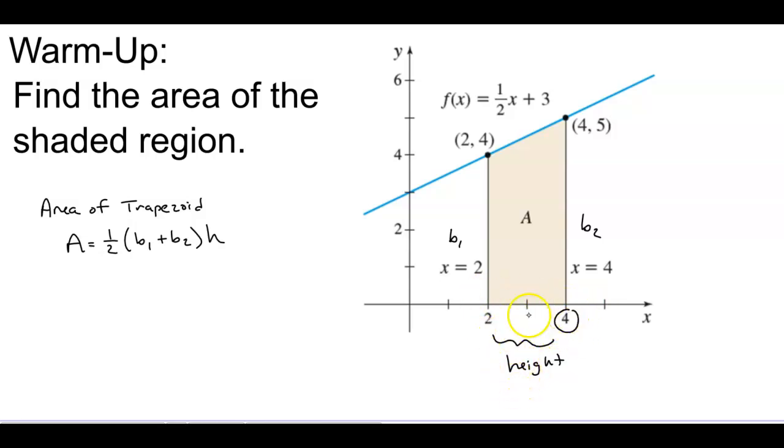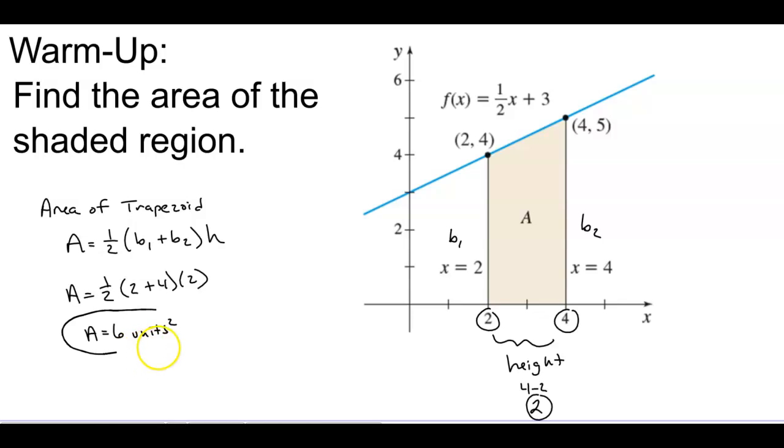To find that, you can take the 4 minus the 2, so you have a height of 2. Plugging in what we know, base 1 is 2, base 2 is 4, and we have a height of 2. Go ahead and multiply that out, and you'll end up with 6 times 2 is 12. Half of 12 gives me 6 units squared.